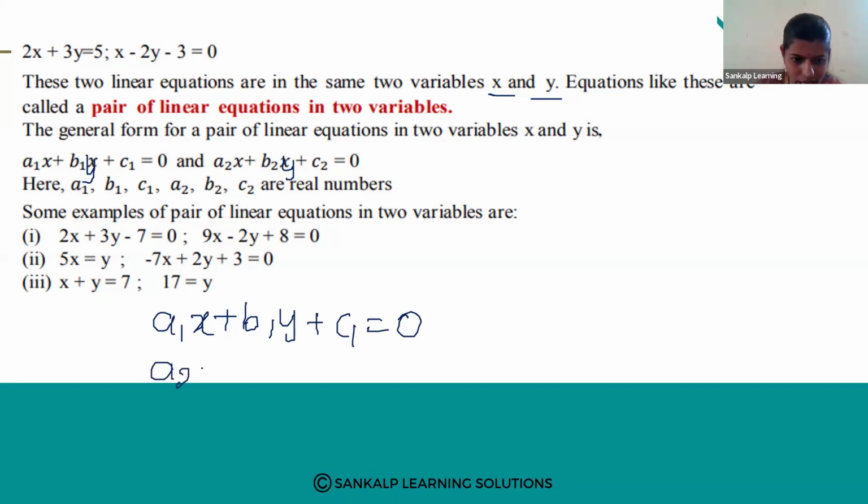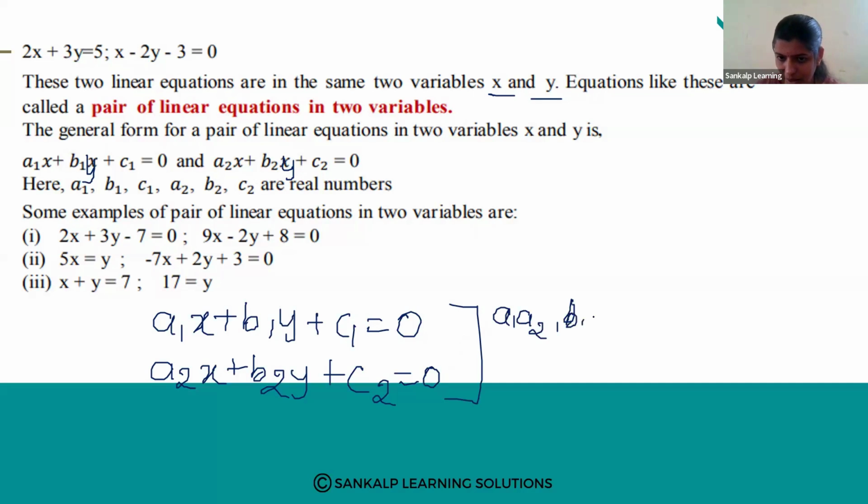In the next equation, a2x plus b2y plus c2 equal to 0. So this is the general form of a pair of linear equations, right? Here a1, a2 and b1, b2 and c1, c2 are real numbers. Okay, real numbers.